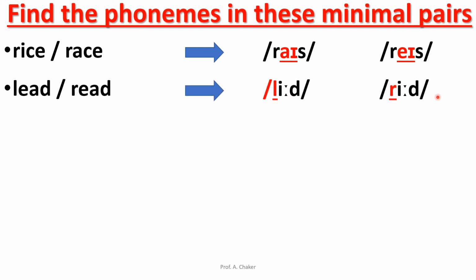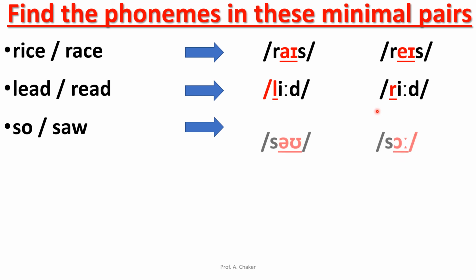You see? L and R. You notice that the phonemes appear in the same phonetic environment, in the same position. Here it's medial, here it's initial. So, see, this is a diphthong, this is a simple vowel, a long one, okay?